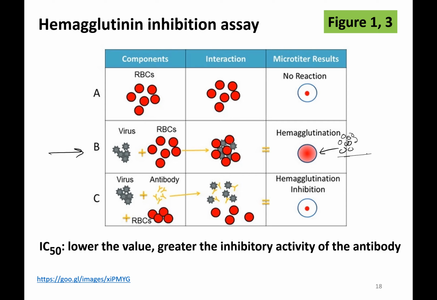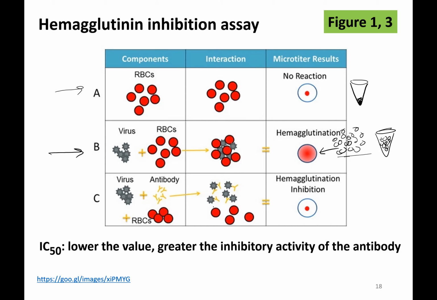So they're staying kind of taking over that solution there. Okay. Red blood cells alone will just basically pool at the bottom. So that's what you're seeing. So this is a top view. Okay. If they're clumping, they're floating all over the place, so that's why it looks red.